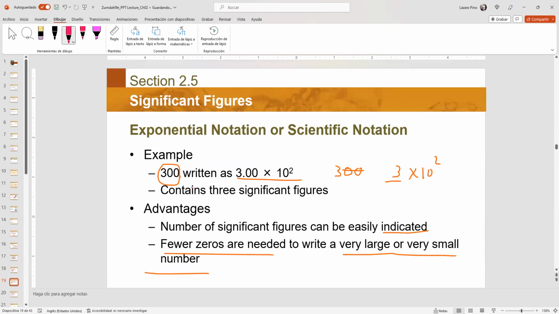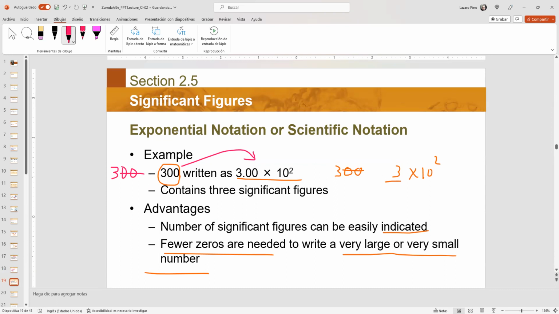For example, in this case that you converted 3.00 into scientific notation, you say that these zeros are significant. But what happened? In this number, in 300, you don't have a dot. Then these zeros are not considered significant.